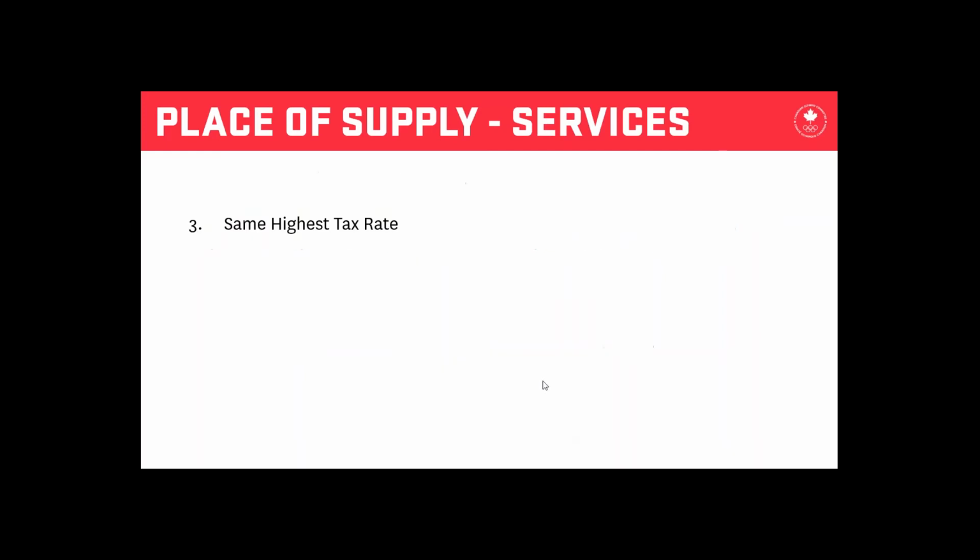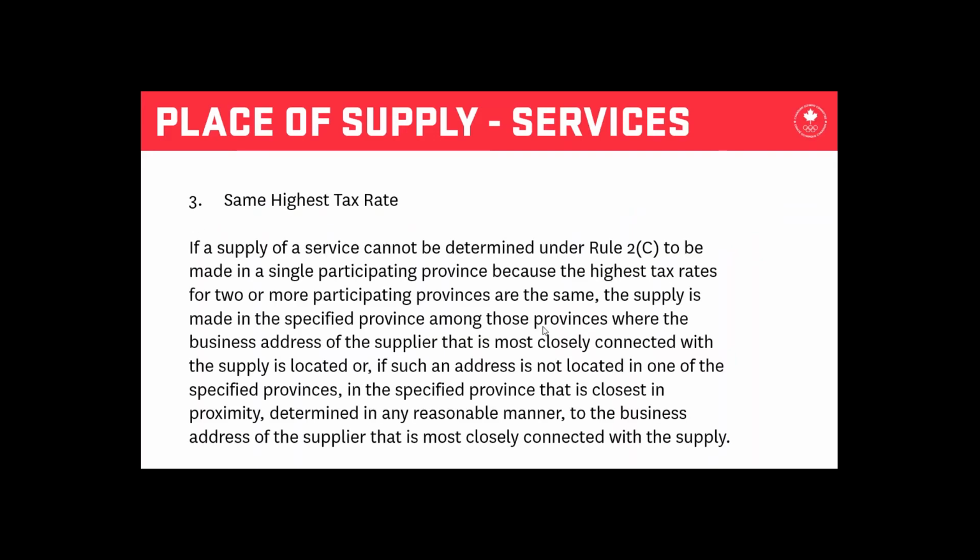Okay? And then the highest tax rate rule, Dave, if you go to the next slide, I will touch on this very, very briefly. It really boils down to, if you can't determine how to tax somebody on the previous two rules, then you charge them the highest possible tax rate that you can find from any of the provinces that are touched within it.